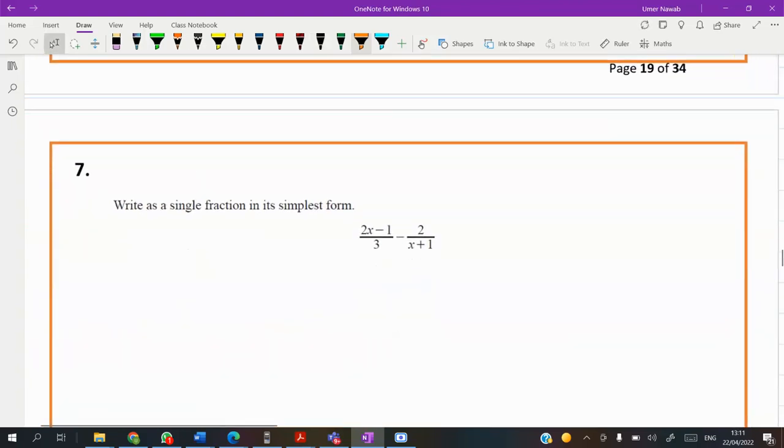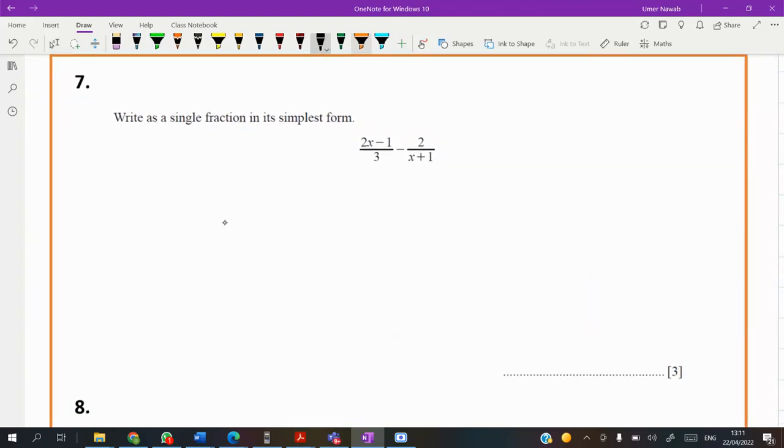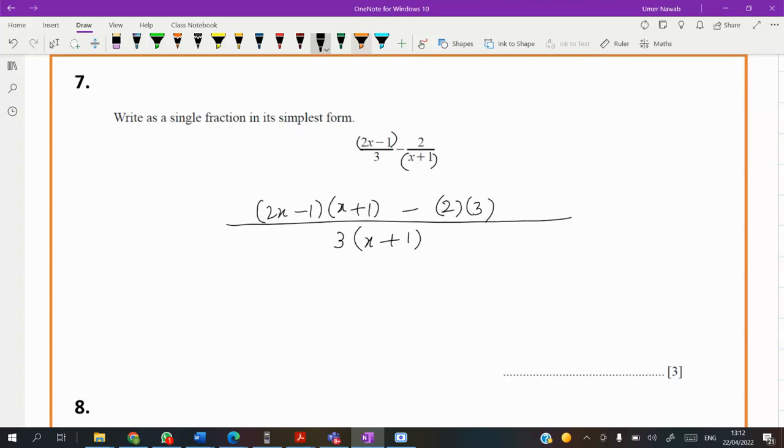Next, another fraction. Now you guys understand how we apply the procedure. 2x minus 1 multiplied with x plus 1, and 2 multiplied with 3.